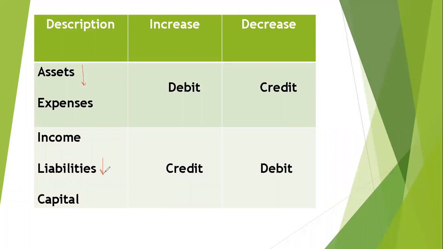So when the asset decreases, we should credit the entry. That means we credit the cash account, the asset account. At the same time, we debit, because when there is a decrease in liabilities, we debit the account. So we debit the trade payables account.